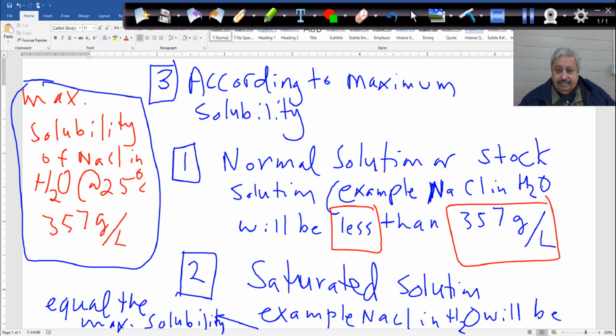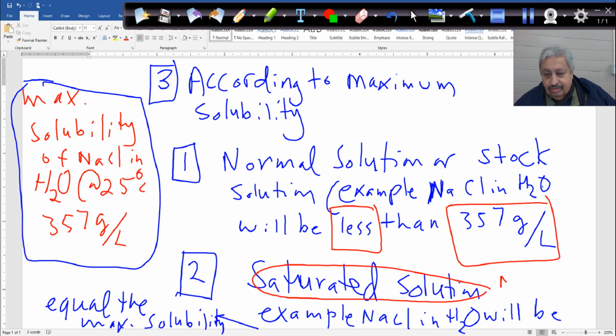In this case, for saturated solution, sodium chloride in H2O is 357 gram per liter, because it has the same amount. When they are equal to each other, this is a saturated solution.